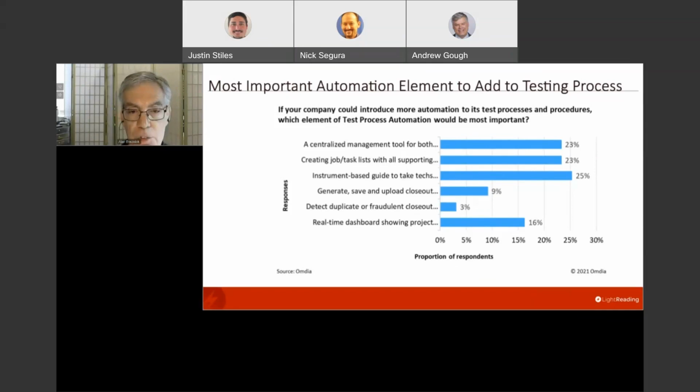So there's a lot of different things that people see as important automation elements to add to the testing process, which I think Jim and Jason will go into more during our presentation.